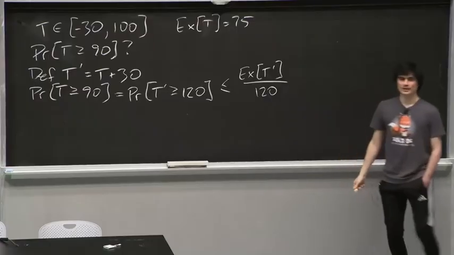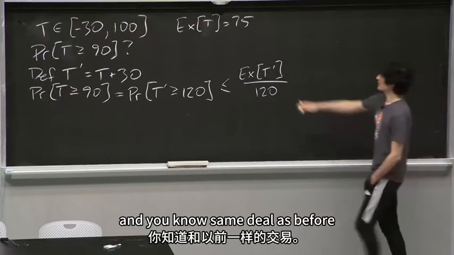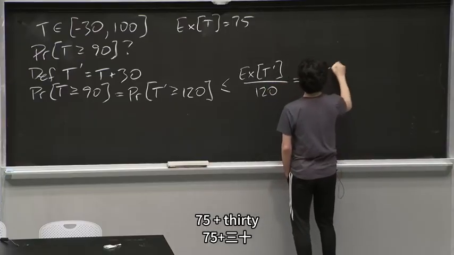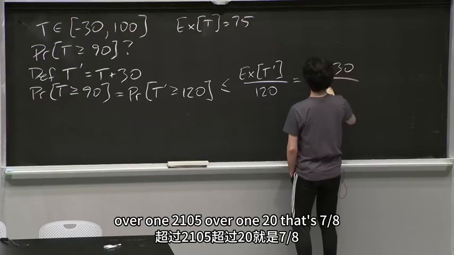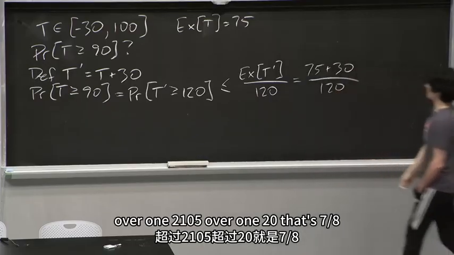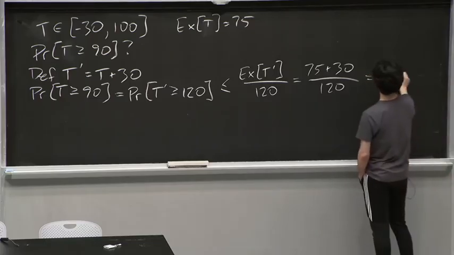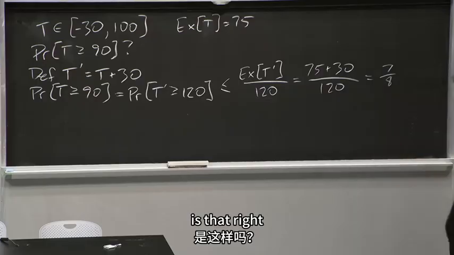Same deal as before, linearity here gives us 75 plus 30 over 120. 105 over 120, that's 7/8. Is that right? Yeah.